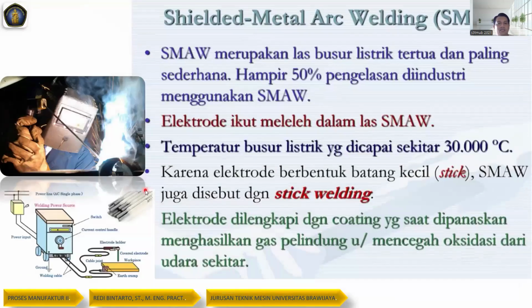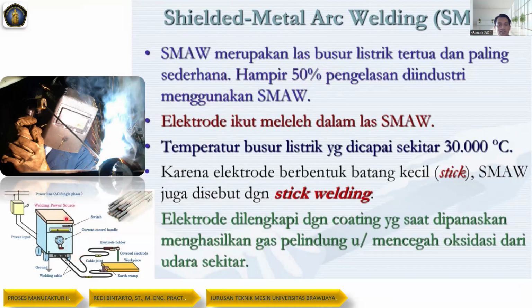So this is SMAW. This is a very general welding process in the world. Almost 50% of welding in industry uses this kind of instrument because it is cheaper than other welding.